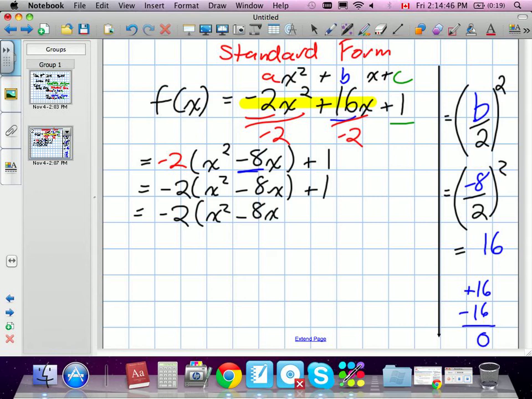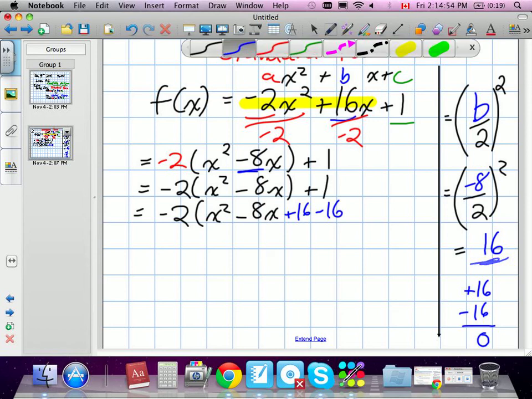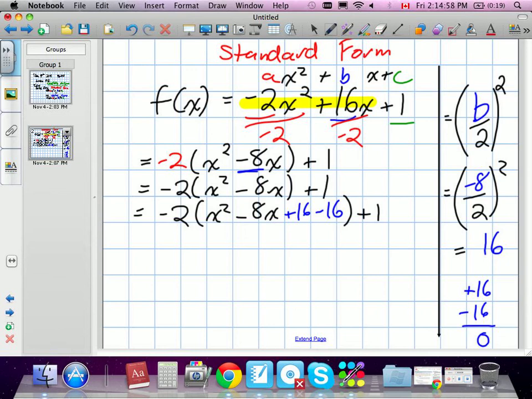That number 16 that we were talking about, I'm going to add 16 and subtract 16 inside the bracket. And we still have +1 on the outside. So the only change from this line to this line is I added and subtracted 16. And just like I said down here, it's not changing the equation at all because it's only putting in a 0. And adding a 0 won't change anything.